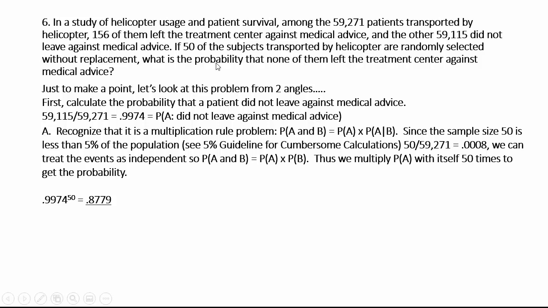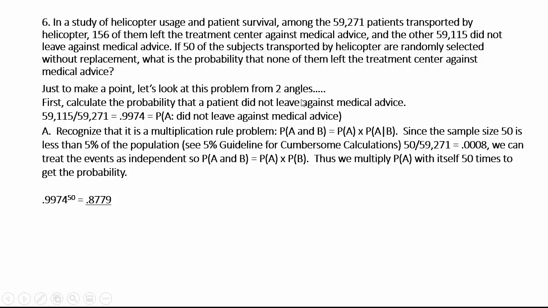Well, because there are 50 subjects and we're wondering what's the probability of subject 1 not leaving against medical advice, and what's the probability of number 2 not leaving, number 3, number 4, number 5, and like 50 times. Okay, so it's a lot of ands. So it's definitely a multiplication.